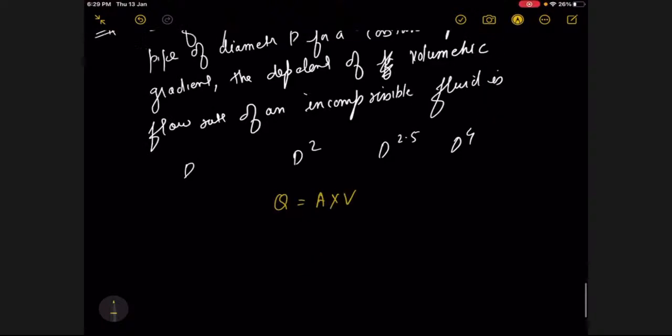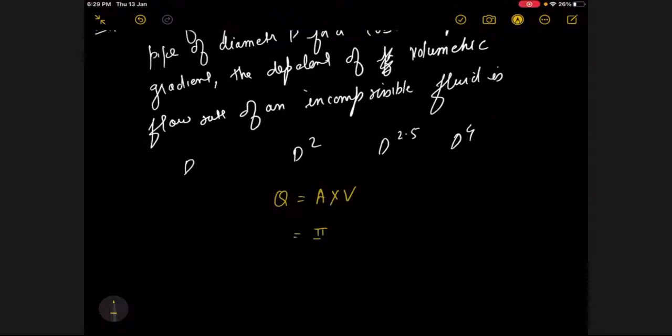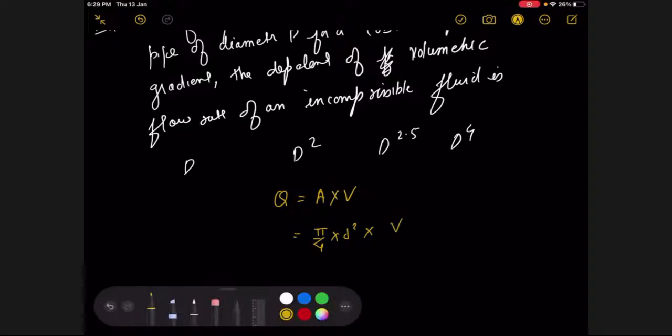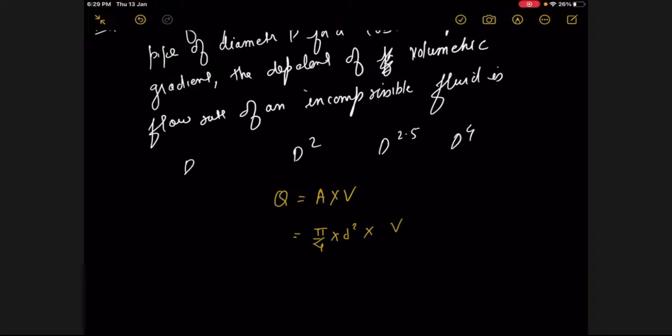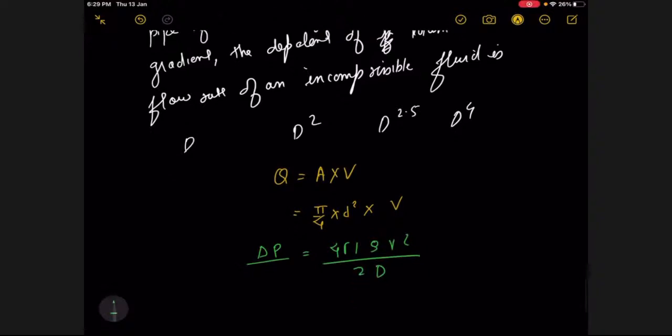So if you see this, area is pi by 4 into d square into velocity. So the most important formula you have to remember is that for pressure drop, delta P equals 4FL rho V square by 2D. Okay.